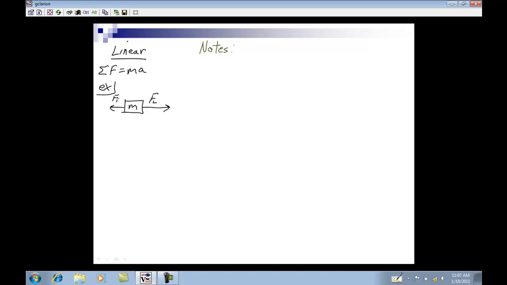If I wanted to solve certain quantities for that, the Newton's second law version of this would look like this. It would look like F2, which is pointing to the right, F2 minus F1 would equal the mass times acceleration of that object.